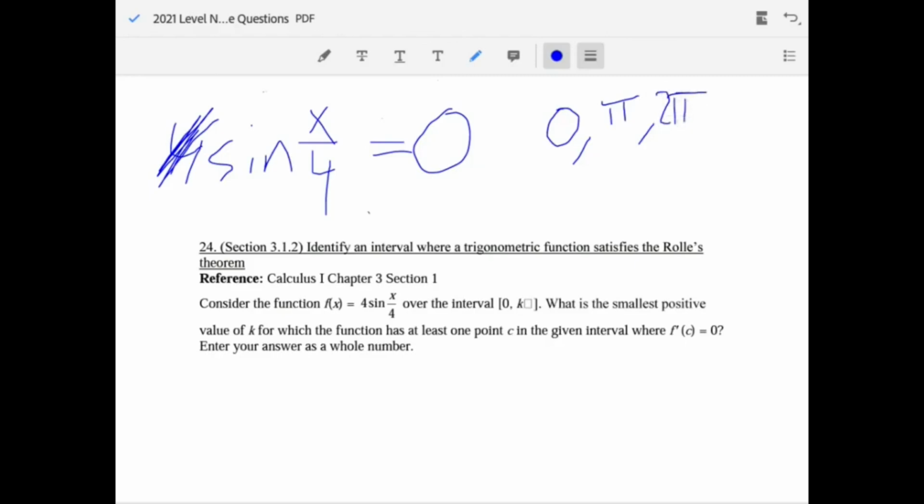But they asked for the smallest interval, so 0 is there, and pi is what we have to find. So x over 4 equals pi, so x equals 4 pi. So k is 4 pi.